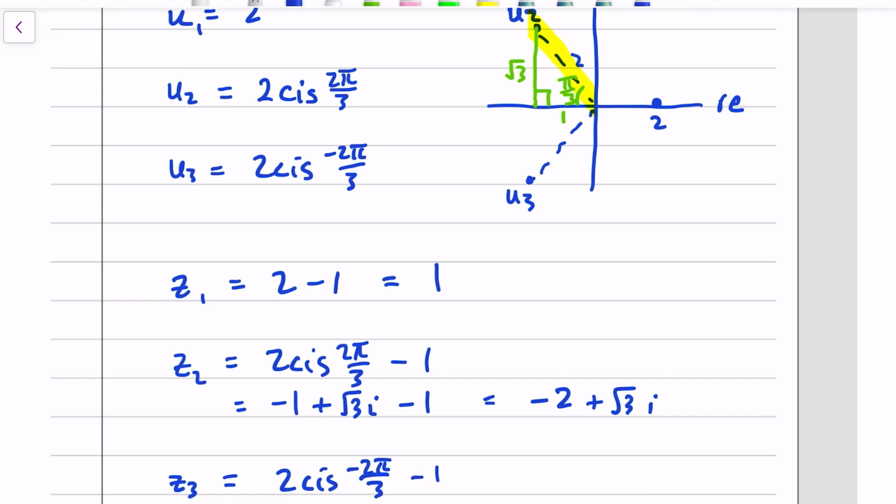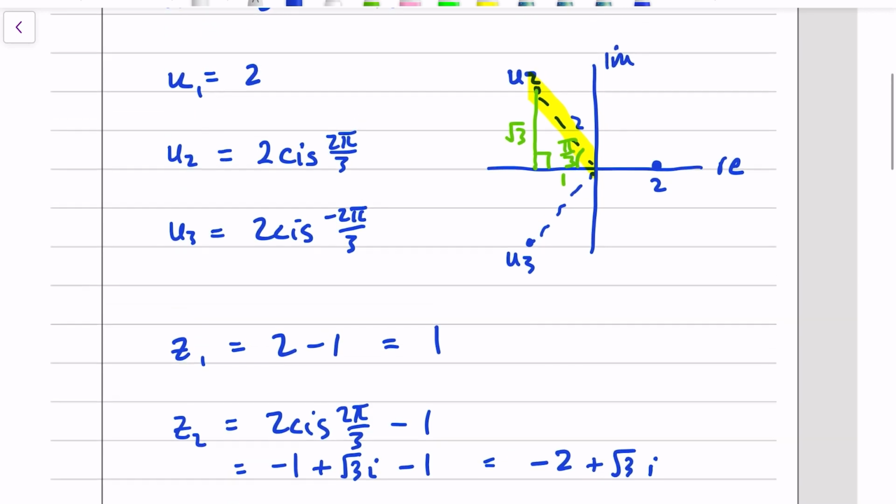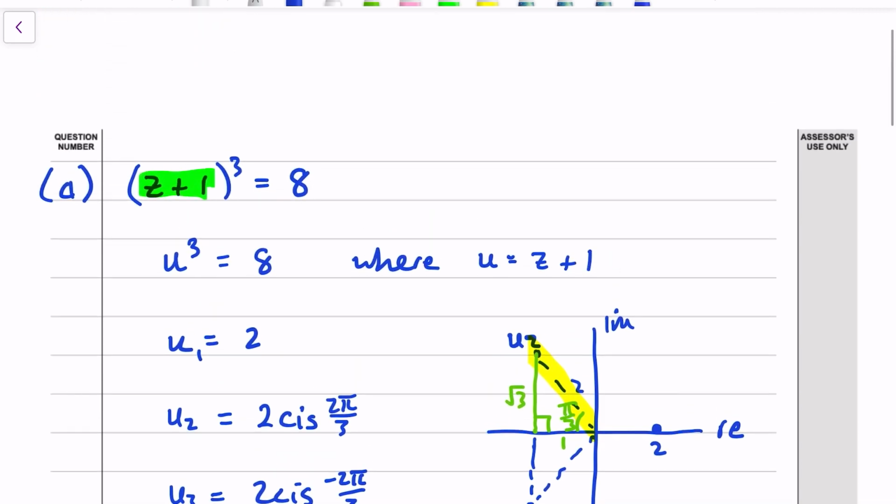1 from that. Okay, now that solution, I haven't really done a convincing job of it, so let's just tidy up this diagram a bit. u3 has exactly the same real part. It's just got a negative imaginary part. Now we're expecting that because we have an equation that has no imaginary stuff in it, right?